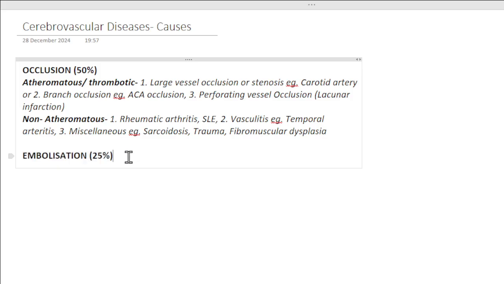Again we will be seeing that embolization could be because of atheromatous plaque in intra or extracranial arteries. It is a possibility. Or from the aortic arch as well.